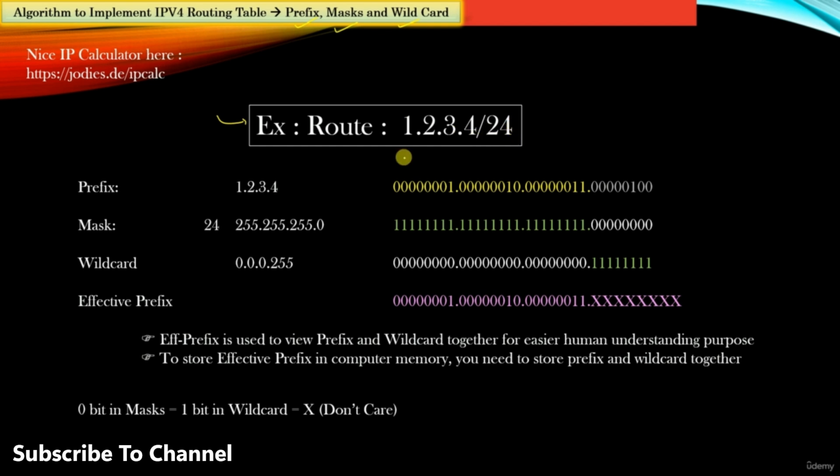With this example, the prefix is nothing but the actual IP address itself. So here the prefix is 1.2.3.4, and when this prefix is represented in binary form, you will get 32 bits. This is the first octet, this is the second octet, this is the third octet, and this is the fourth octet. Here octet means a byte.